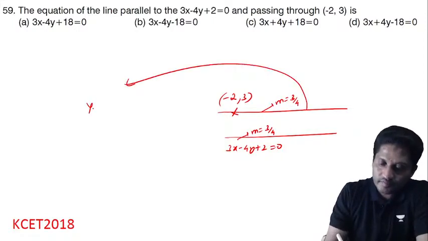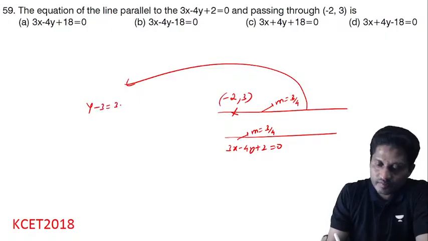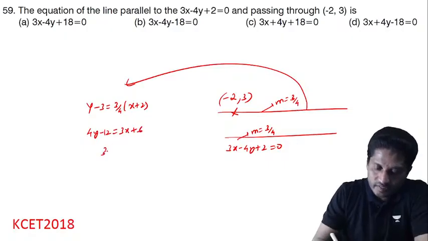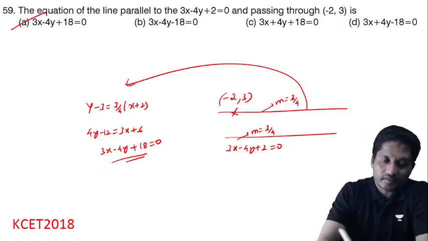Equation of the line is y minus y1 equal to 3 by 4 into x minus x1. Now if I cross multiply, 4y minus 12 equal to 3x plus 6, so you get 3x minus 4y plus 18 is equal to 0. Right, answer is option A.